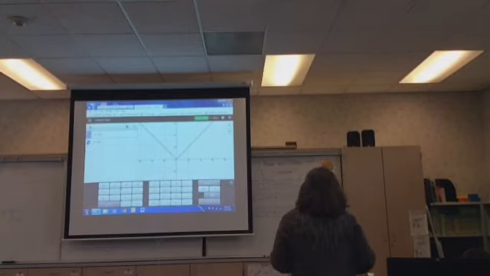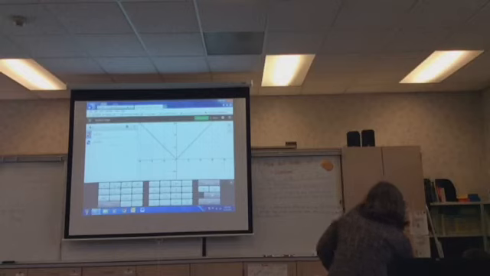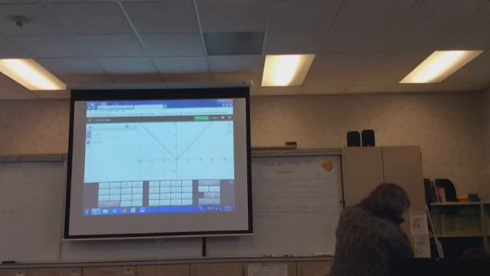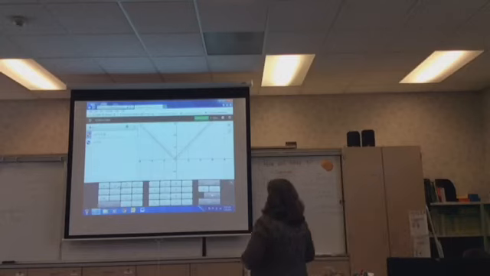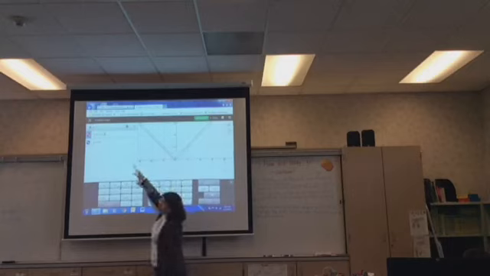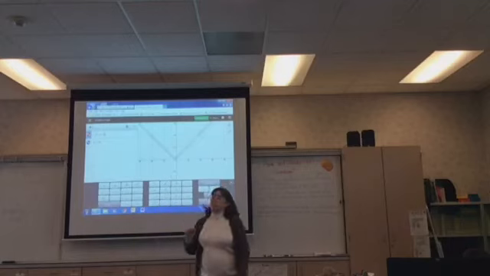Okay, so let's summarize everything now that we've talked about. The first thing we did is we said we were adding or subtracting something inside the absolute value sign, it moved the turning point on the absolute value to the opposite of what's there. So if it's at +4, it moved it to -4 on the x-axis, right? And we said that in the notes.